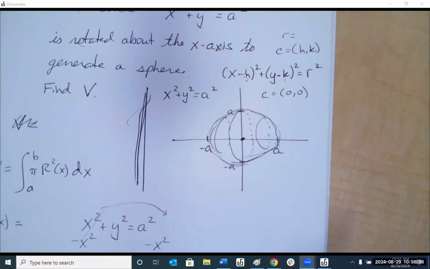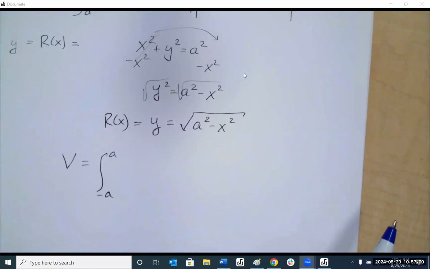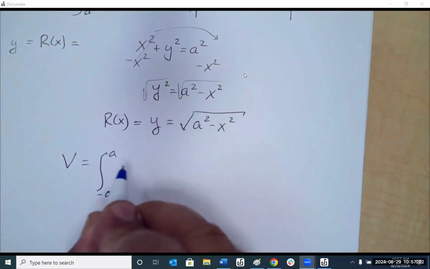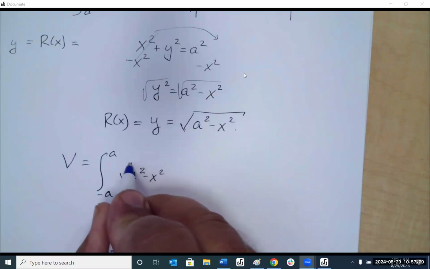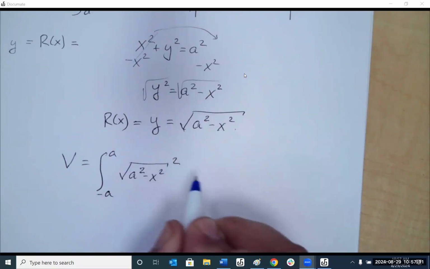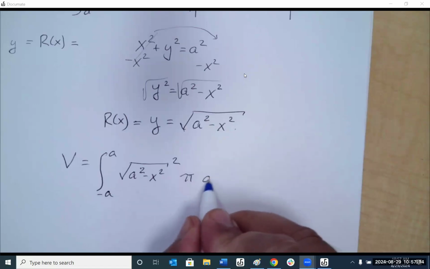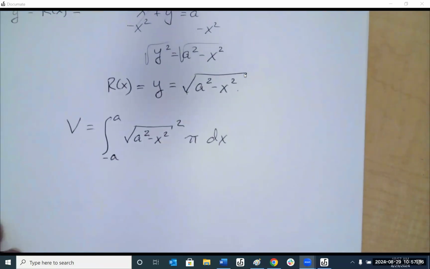But for right now, we're going from negative a to a. R squared is the square root of a squared minus x squared, squared. So far, so good.